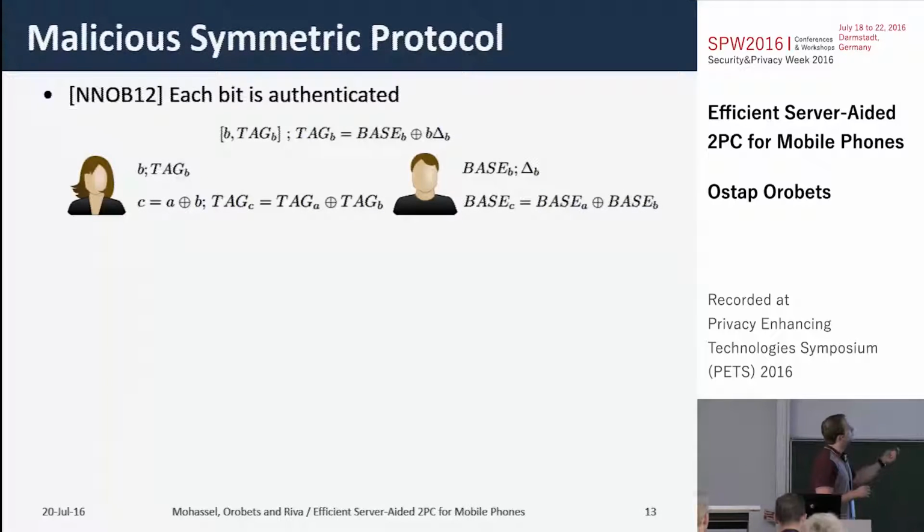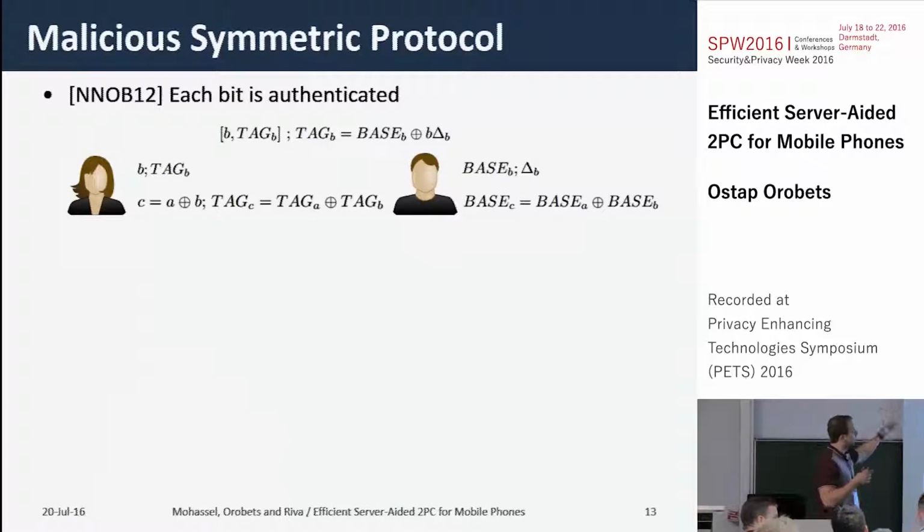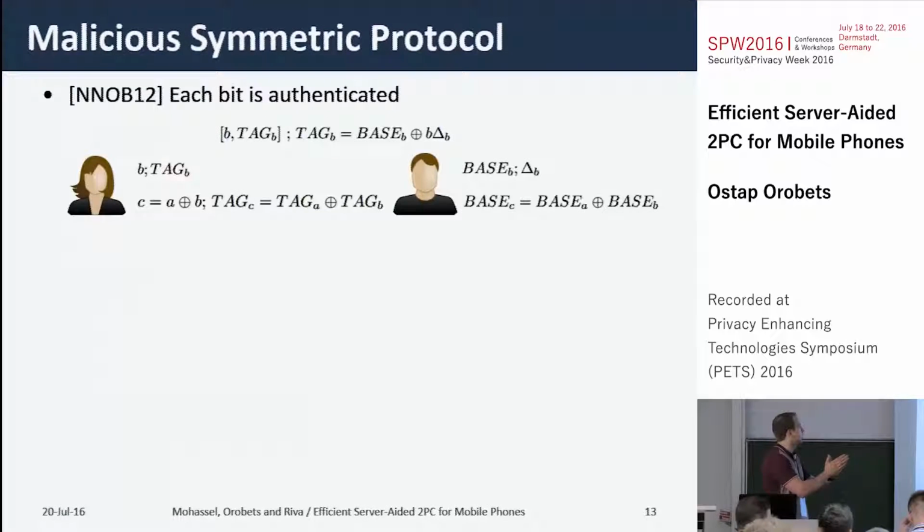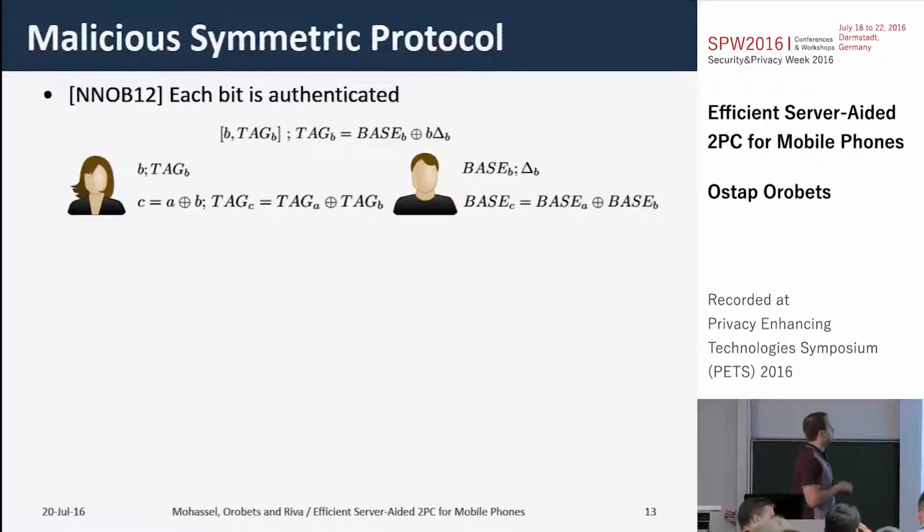The tag on each bit is produced using some random string, which we call base, some delta key, and the bit itself. For each wire in the circuit, Alice has a bit and a tag of it, and Bob has a base and the delta key. So when Alice reveals a bit and a tag, Bob can easily verify whether it is true or whether it was modified. This MAC scheme also has homomorphic properties.